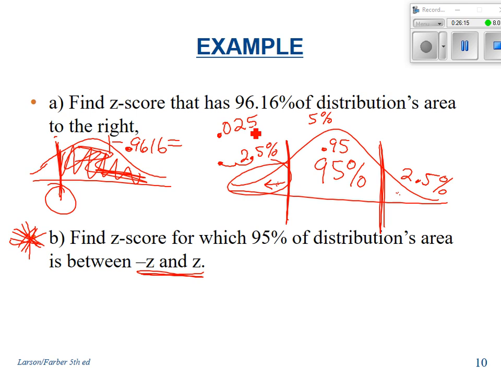And it looks like it says negative 1.96. If the z-score on this side is negative 1.96, guess what this one over here is? Positive 1.96. And it's always going to work out that way, where your two z-scores are the same, just one of them's positive and one of them's negative, when you're looking at whatever's in the middle there.